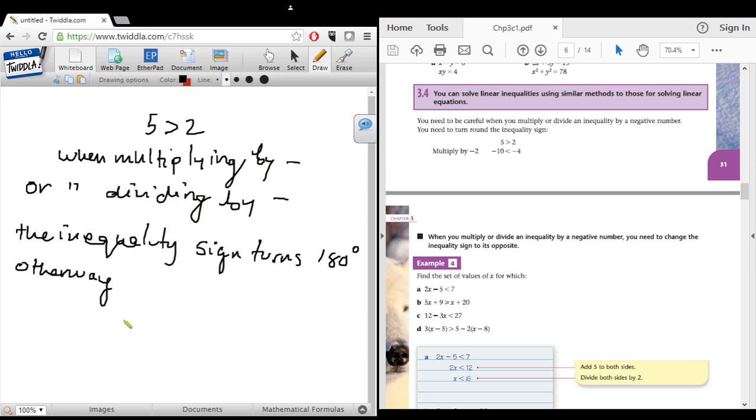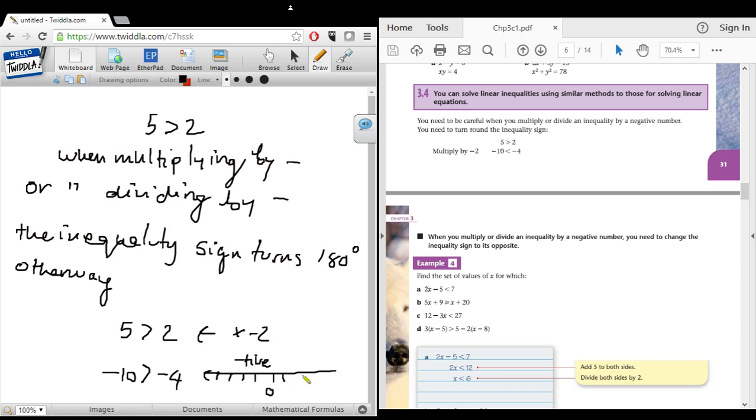So let's give you an example. 5 is greater than 2, of course. Now multiply this whole thing by minus 2. You get minus 10, and you get minus 4. Now, is this correct? No, because remember, if we have a number line, we can see that once we pass 0, the numbers that go further and further down that number line, on the negative side of things, get smaller.